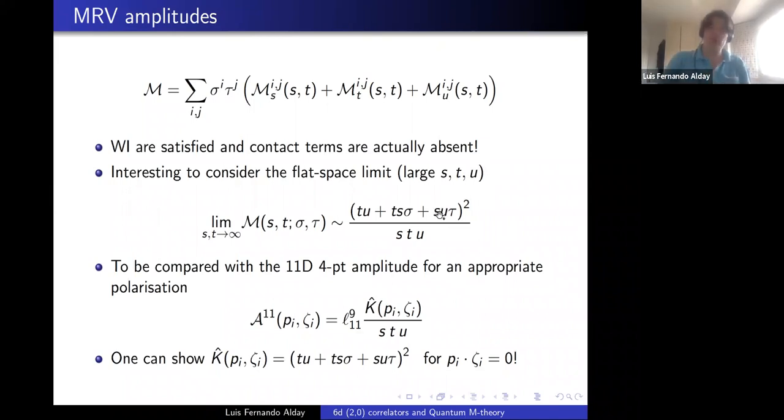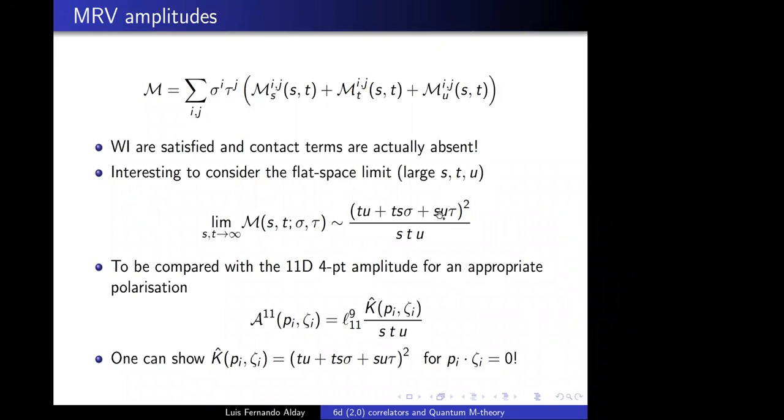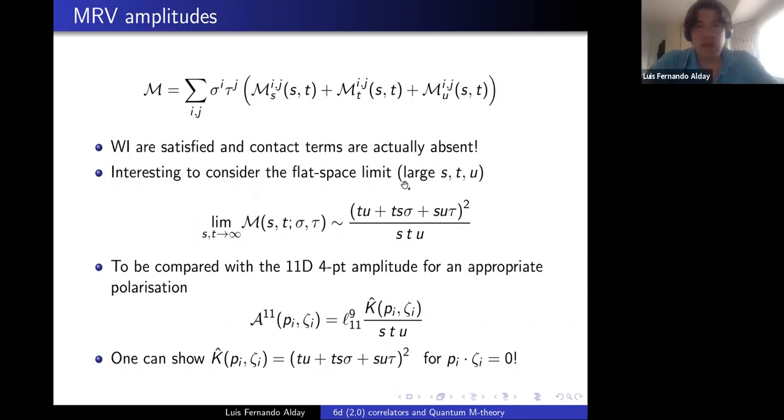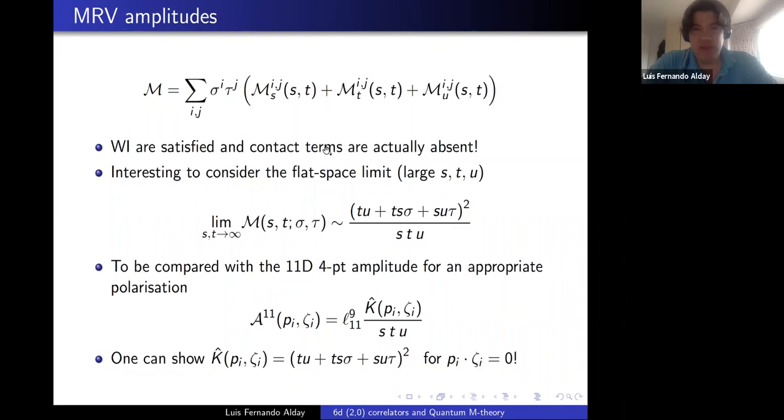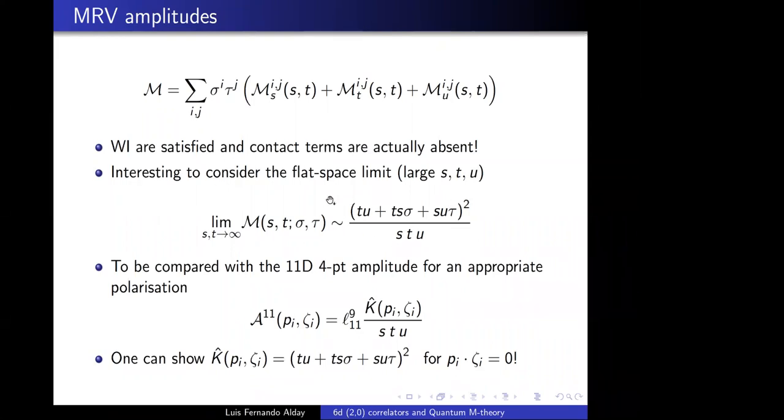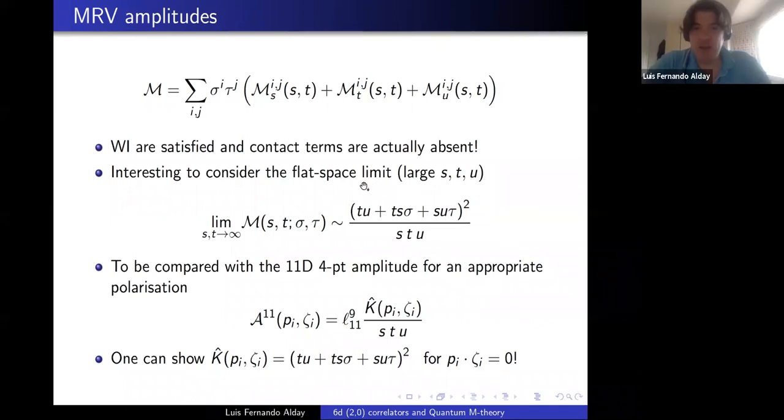The flat space limit is a limit where you take S, T and U to be very large. And what you can prove is that in this limit, everything has this form here.